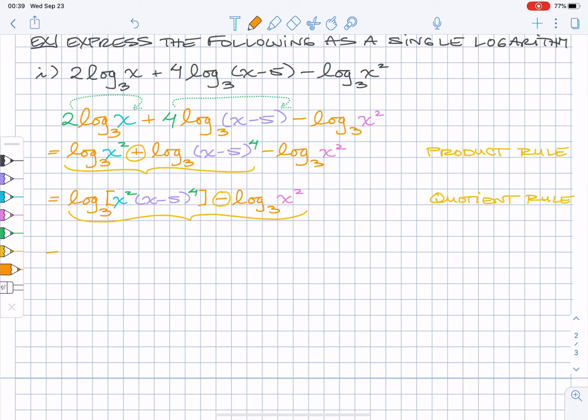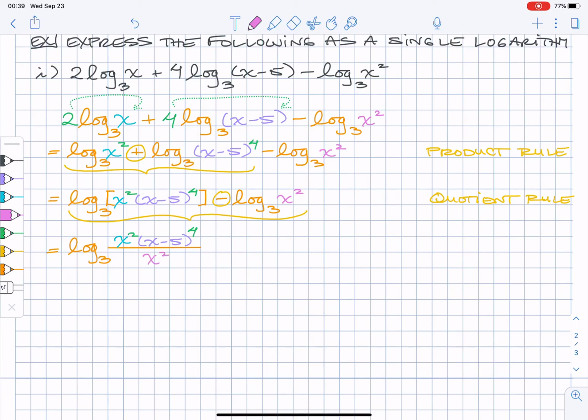Meaning, this is going to be log base 3 of, in the numerator, the x squared and the quantity x minus 5 to the 4th. But now in the denominator, we will have x squared.